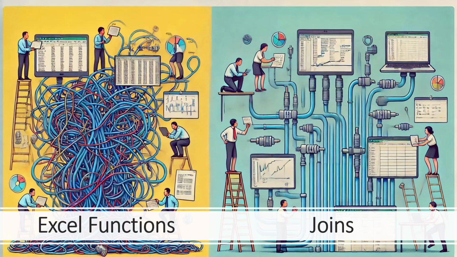Just for example, while there are multiple types of joins in SQL that allow you to specify exactly how columns from multiple data sets will be merged together, for example, inner joins, outer joins, and so on, VLOOKUP and XLOOKUP pretty much just work one way.